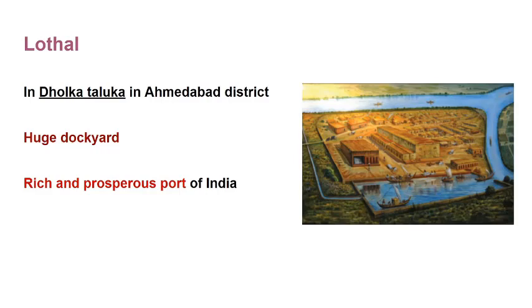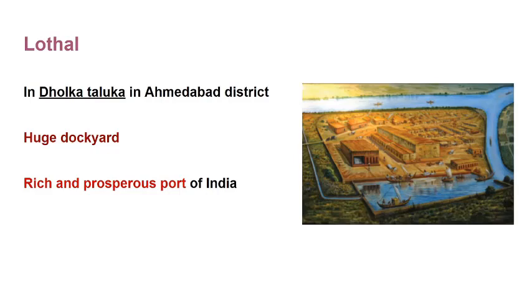So the careful planning of the town and the excellent sanitary system existing at Lothal proved that it was a true Harappan town. So in this video we talked about different Harappan cities.